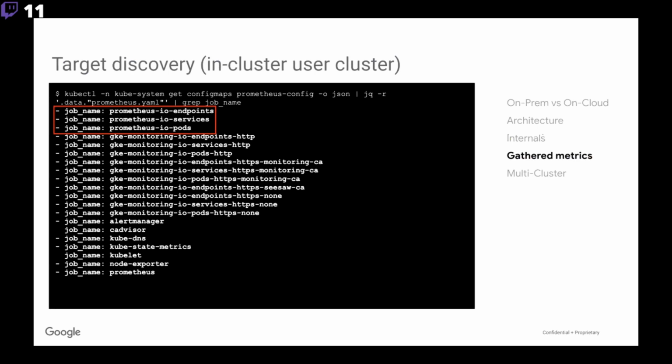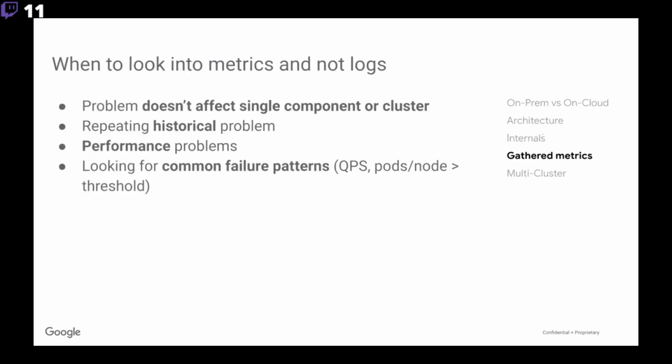You can see that the prometheus.io annotation only works in the user cluster, and the reason is that only the one in there will be scraping the resources with those annotations.